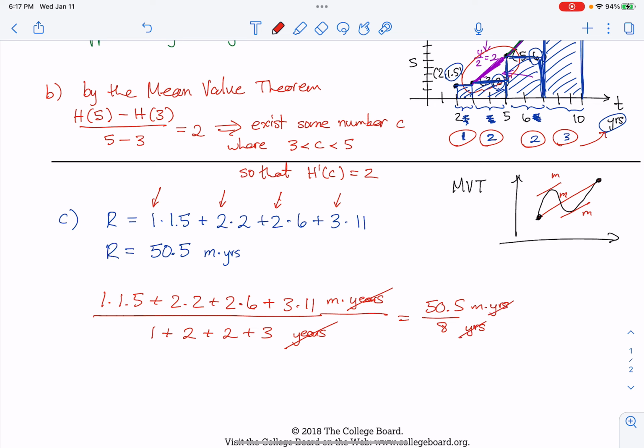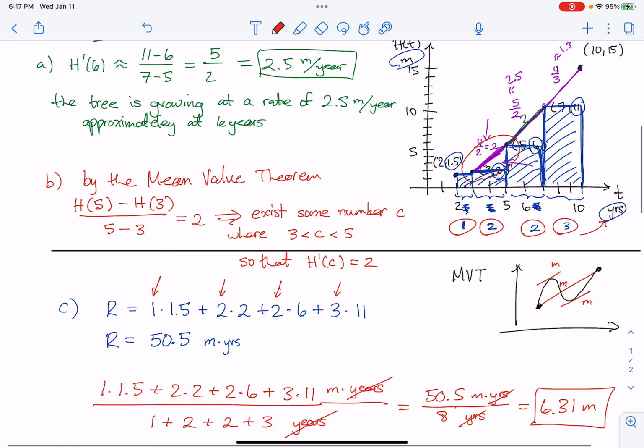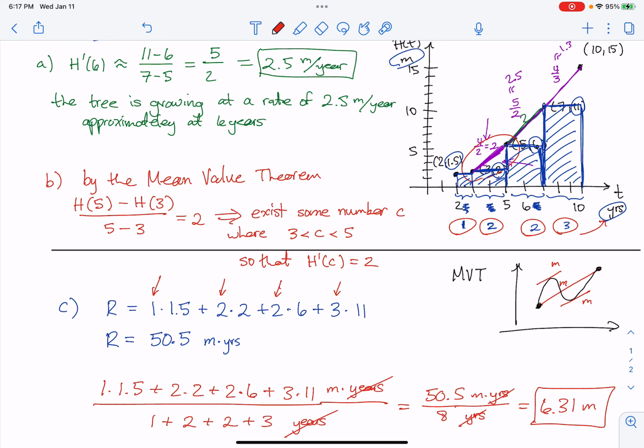Those years cancel, and we're just left with meters and a final answer. So 50.5 divided by 8 equals 6.31 meters. That is essentially the average height of the tree, based on our left Riemann sum.